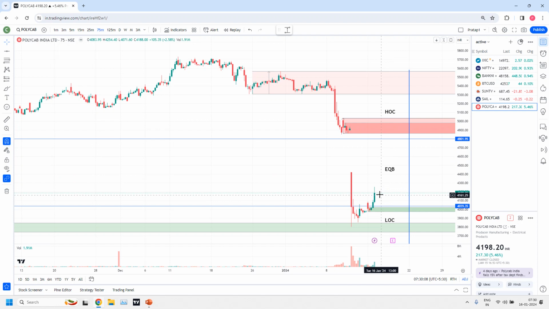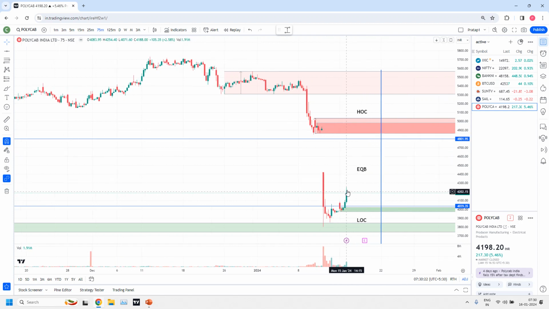But when it is possible, if prices enter into this, are the prices really going to enter into this? We don't know. This is only a trade plan. We are assuming prices will enter. Other things may happen. Somewhere here, a new supply will be created again. They may turn back. That is also possible. Again, somewhere here, a new demand zone will be created.